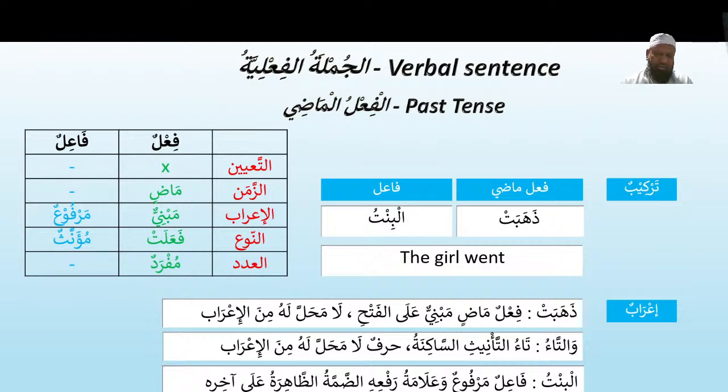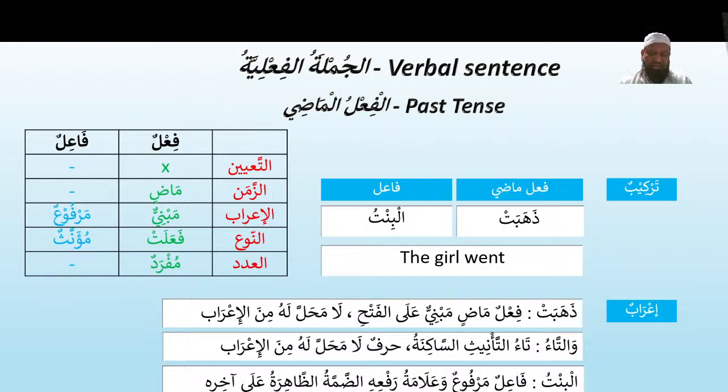We've learned in the past, all huruf have no place in the sentence. In الجملة الاسمية, when we did كان وأخواتها, and when we made the كانت into feminine, you remember we added the ta الساكنة, we made it كانت.